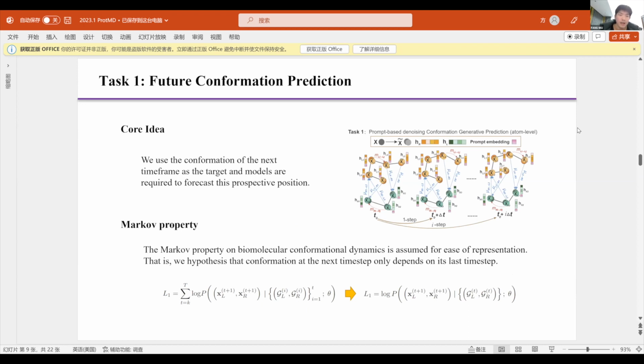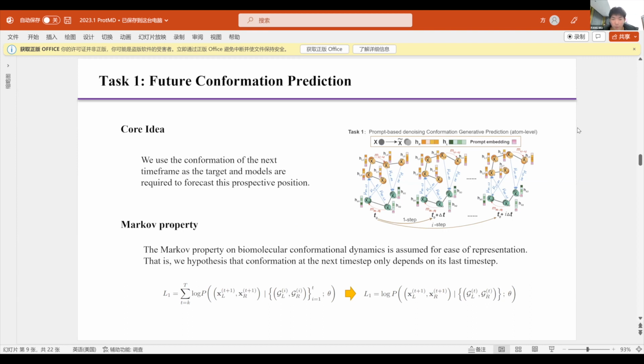And then we decide the first task is the future conformation prediction. The core idea is that we use the conformation of the next time frame as the target, and the model is required to forecast this prospective position. The idea is simple, but we make some key innovations on this task. The first is that we assume the Markov property.